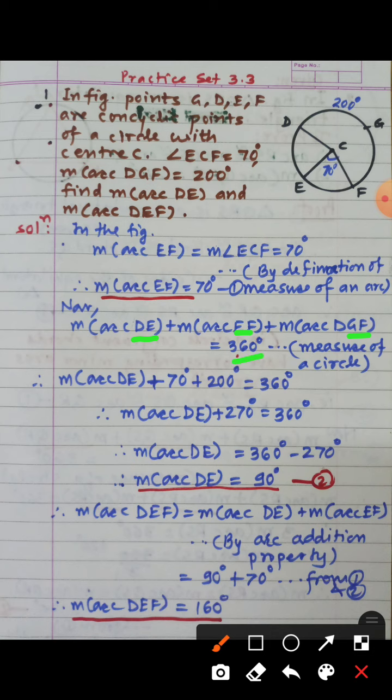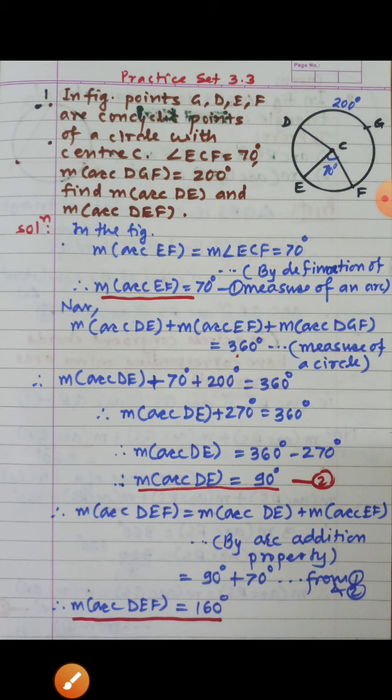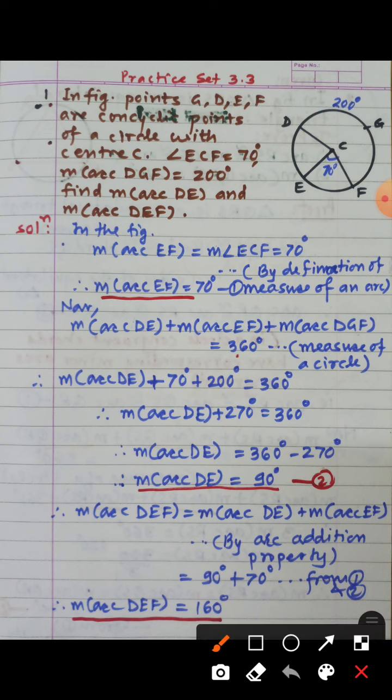In the figure, if you see, arc D plus EF plus DGF completes the whole circle, and hence the sum of the arcs is 360 degree. Measure of a circle is 360 degree. Therefore, substituting the value, measurement of arc D plus 70 degree plus 200 degree is equal to 360.